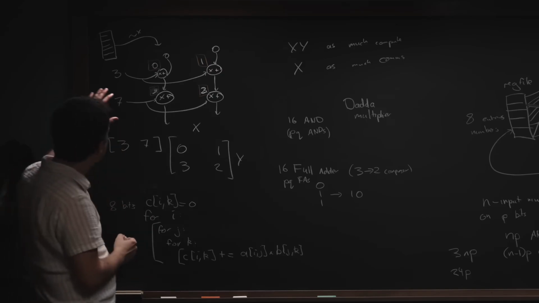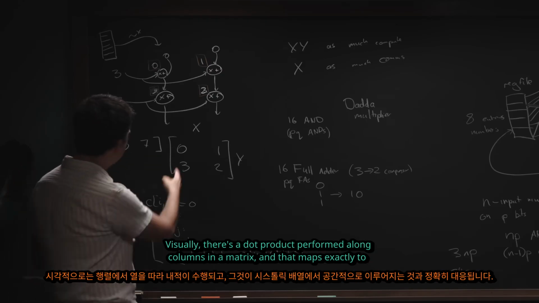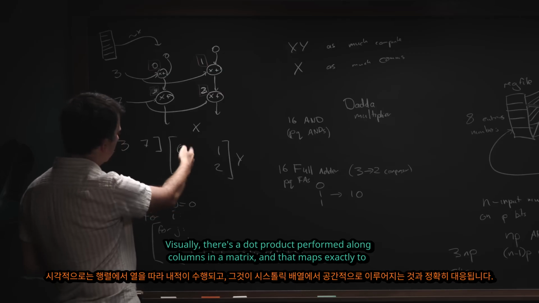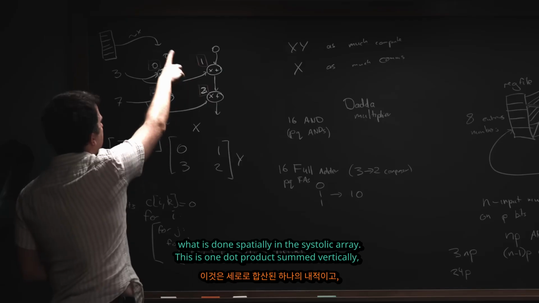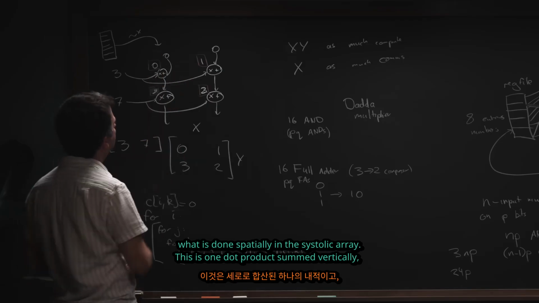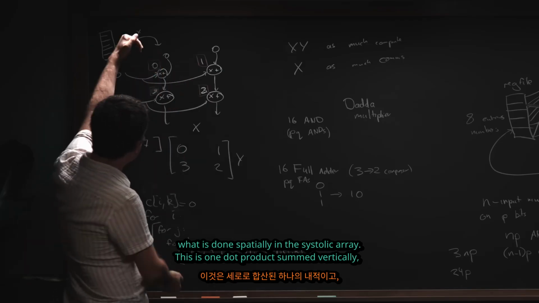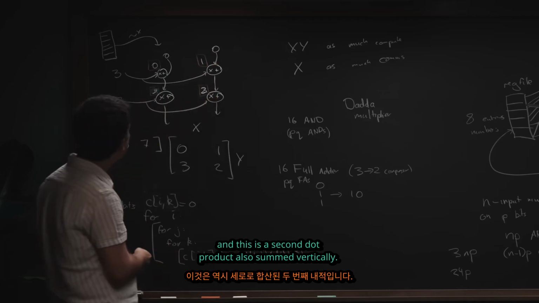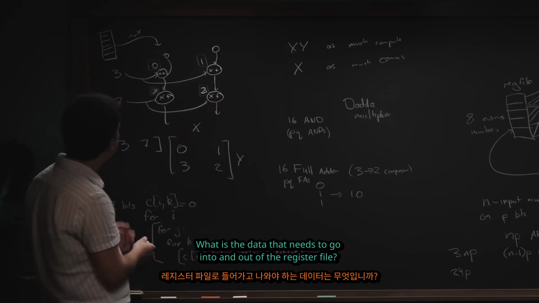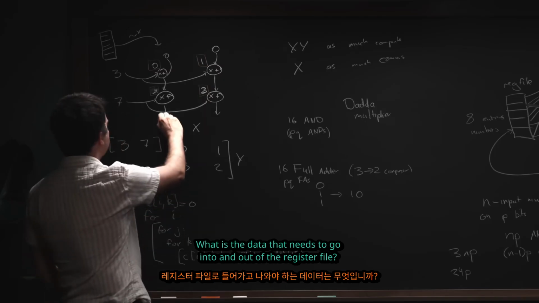So to visually see what we've got, there's a dot product that is performed along columns in a matrix, and that maps exactly to what is done spatially in the systolic array here. So this is one dot product summed vertically, and this is a second dot product also summed vertically. And then what is the data that needs to go into and out of the register file?